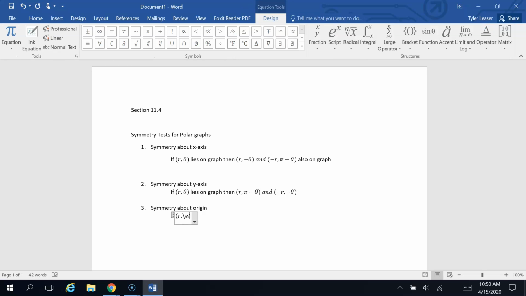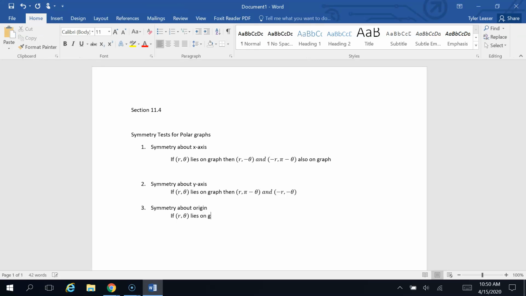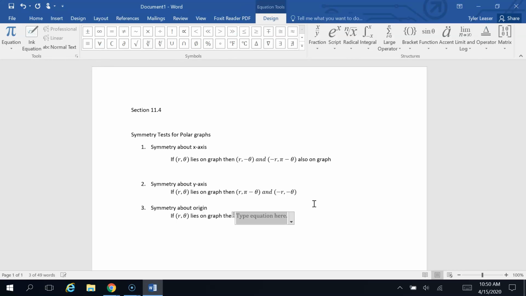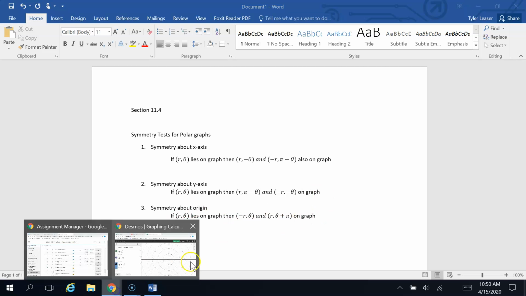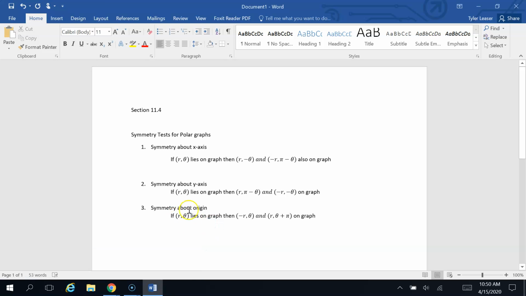So if we do have a point (r, θ) that lies on the graph, then you're also going to have the point (−r, θ) and the point (r, θ + π) on the graph. Okay, again, so just to show you in Desmos here, this (r, θ) point is going to be our (2, π/3).